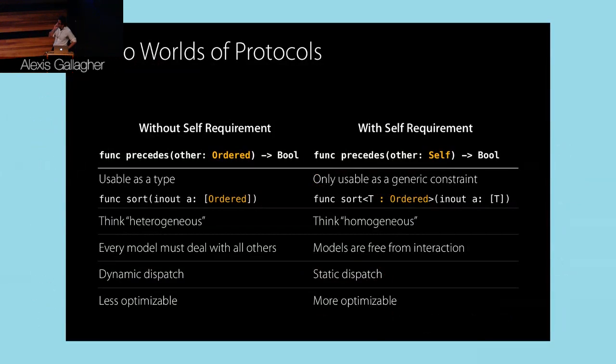I don't know. I think one question is, let's say you got existentials. Then you wouldn't have static dispatch on the right-hand side as the only way to do it. Would that give you functionally all the same things that you get from the left-hand side?